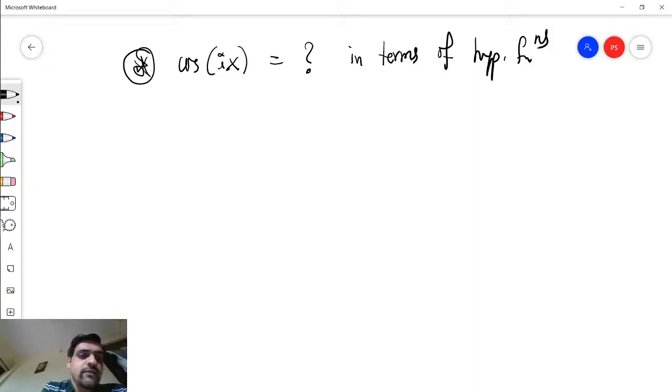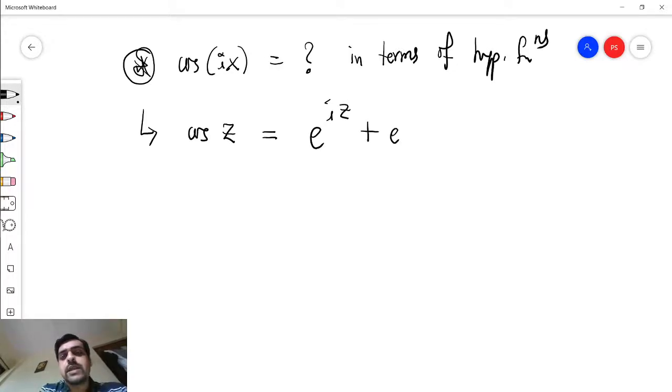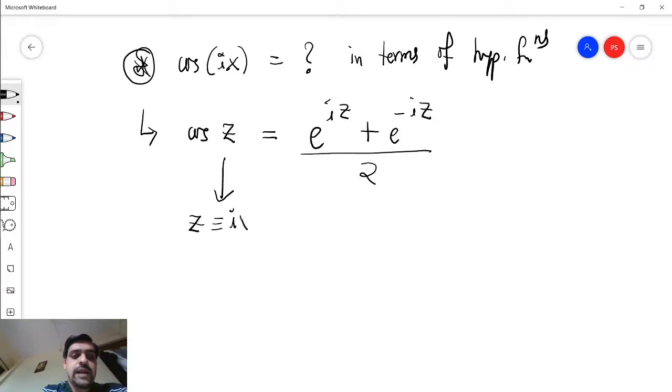For this we are going to use the previously derived formula for trigonometric functions. Cos z is e raised to iz plus e raised to minus iz whole divided by 2. So here z is to be replaced by i times x.